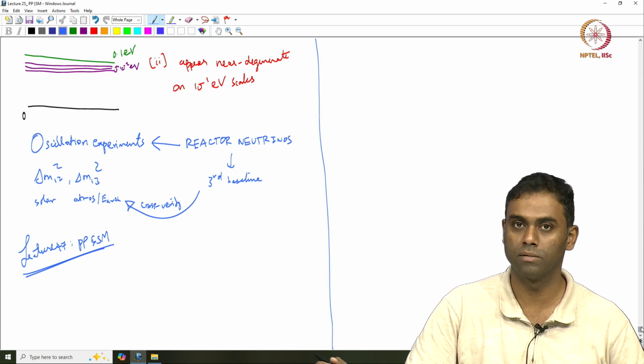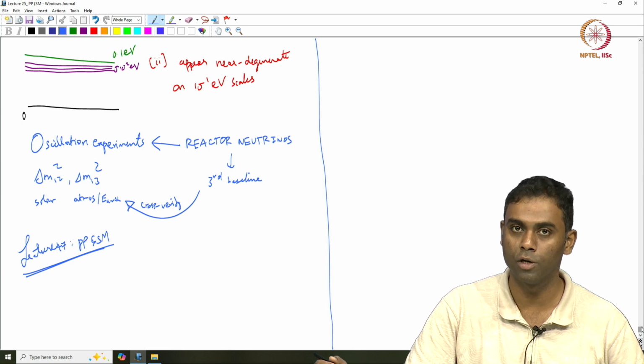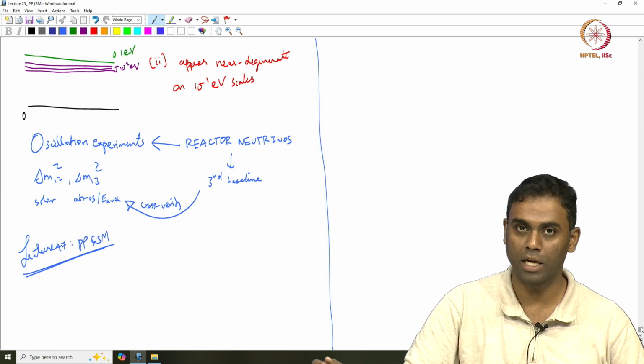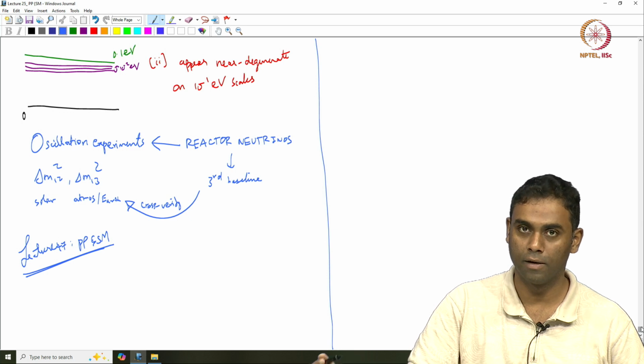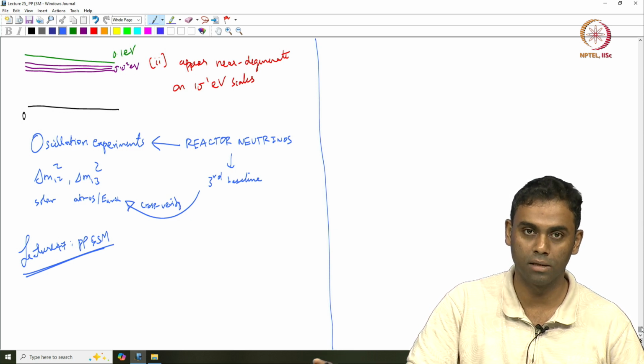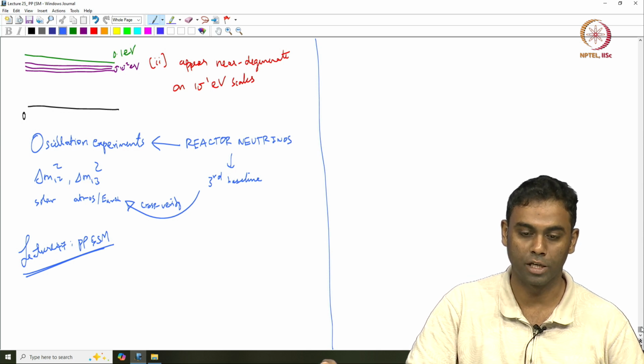There are many sources that people use, but the most popular one is reactor neutrinos. Reactor neutrinos, as the name implies, are just neutrinos that come from atomic reactors. In atomic reactors, you cannot help having the weak interaction to get your fission, and so you are going to produce neutrinos copiously, and you can control them to some extent.